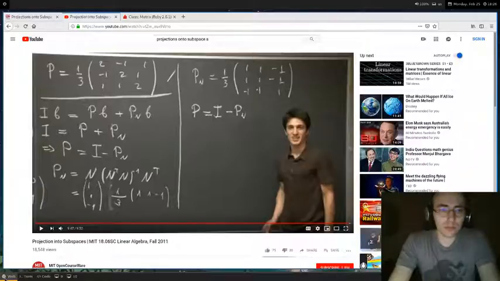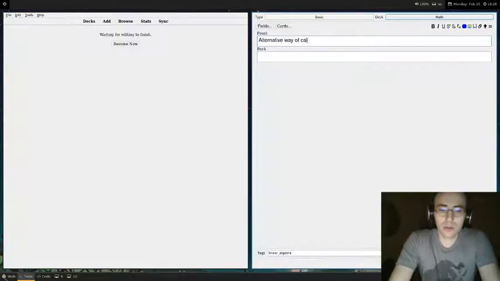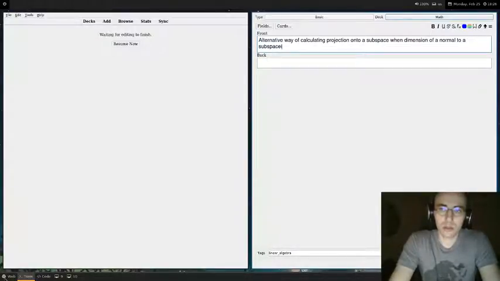So I'll call it an alternative way of calculating projection onto a subspace when the dimension of a normal to a subspace is less than the dimension of the subspace itself.